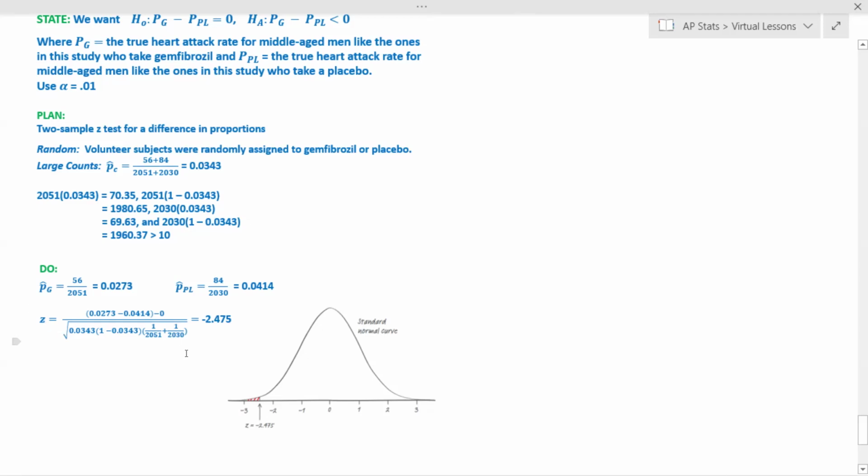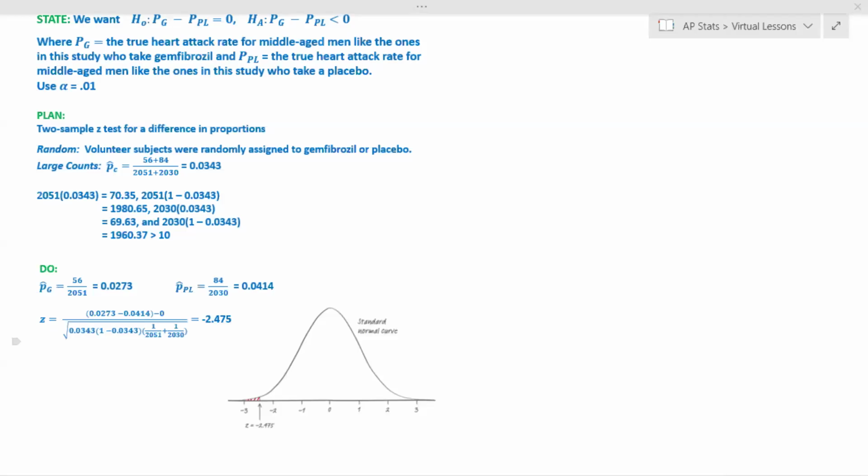Then we calculate the z-score, which ends up being negative 2.475. Now, since that's a negative z-score, we're actually talking about the area of the region below that z-score. So we can use table A or technology to get the p-value that is associated with that z-score.